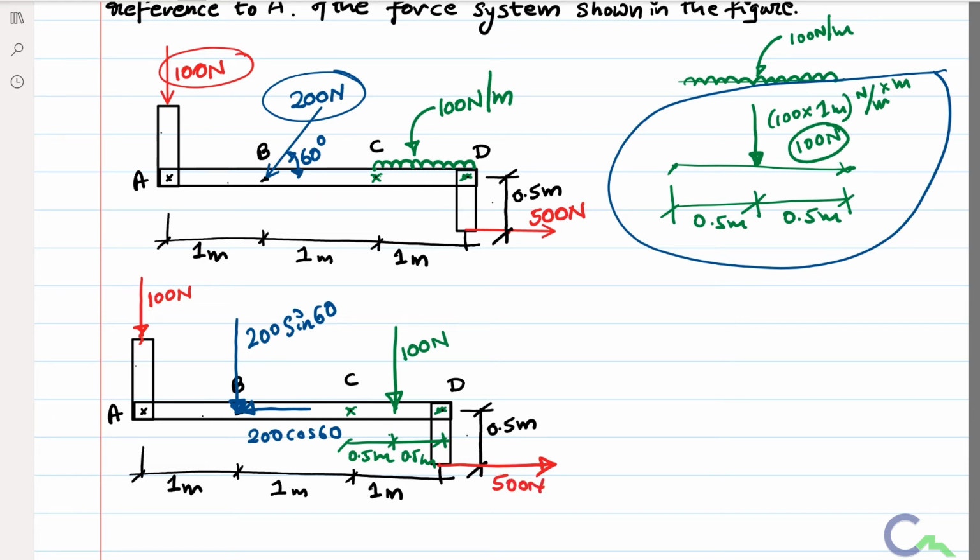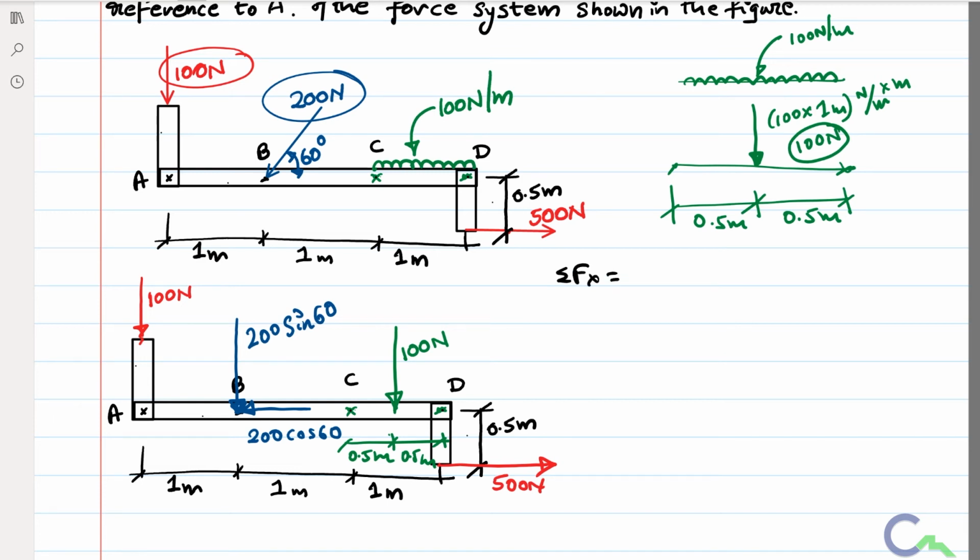Now I am going to resolve these forces in horizontal and vertical direction. Therefore sigma Fx is equal to, we have our first force, that is 200 cos 60, acting in the negative direction leftward, therefore minus 200 cos 60.